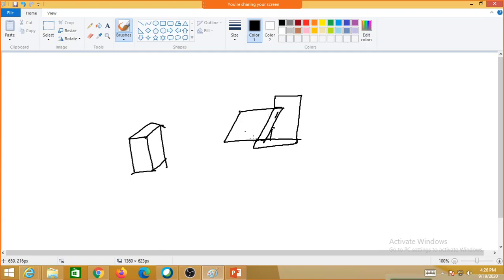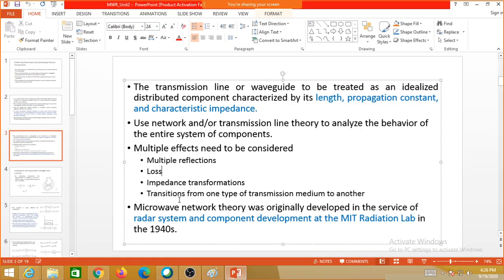Actually I am not able to draw properly. If you see a staircase, from one stair to the other there is a difference. So in those kinds of bends or steps in the transmission line, you need to take care of the transition from one type of medium to the other.